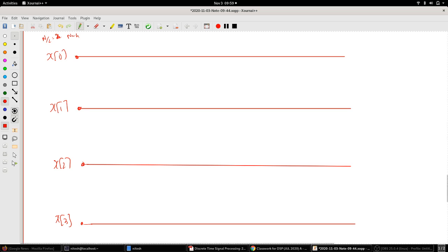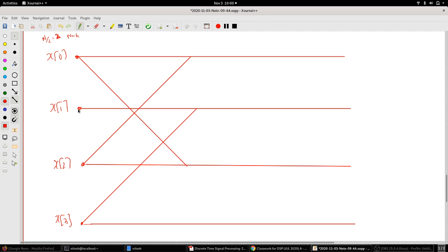So now let me draw the structure. This goes to this particular point, this goes to this point, okay. This comes here, this comes here, okay.